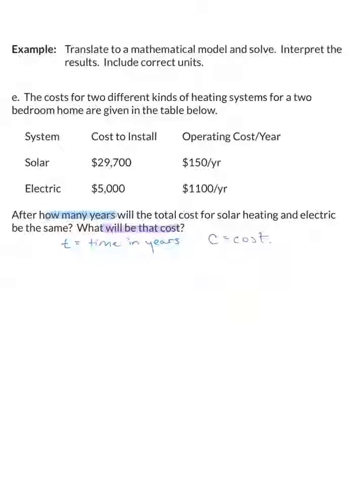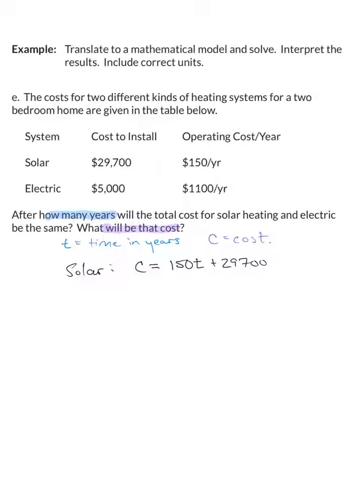Okay, so let's go ahead and set up some equations. So for here, our 2 equations, we have the cost for solar. So my solar equation is going to be C equals 150T plus 29,700.